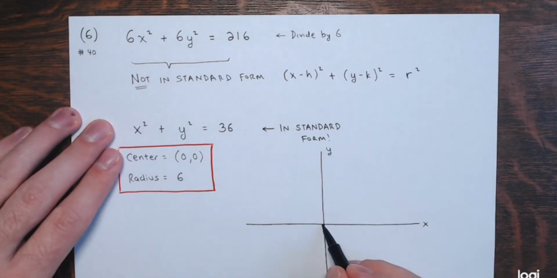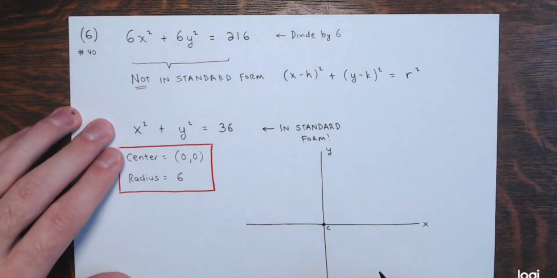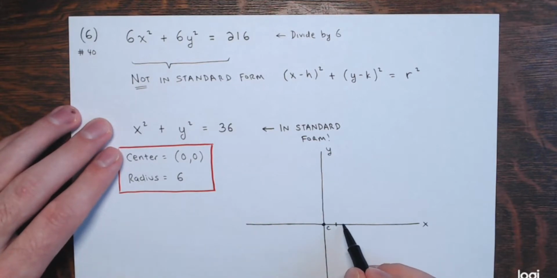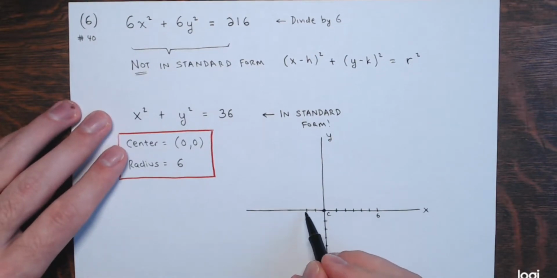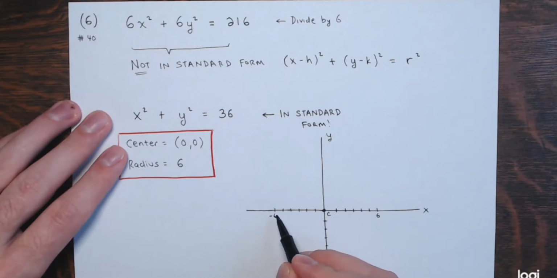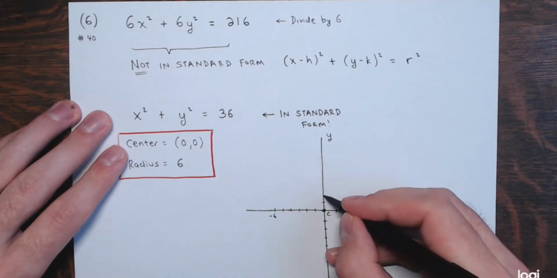So center's at the origin. I'll just put C there at the origin. 6 units to the right. There's a point there. 6 units below. There would be a point there at 0, negative 6. 6 units to the left. Negative 6 comma 0, and 6 units above.